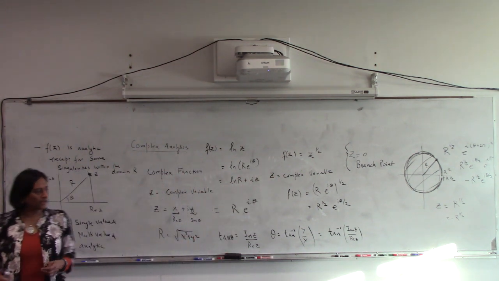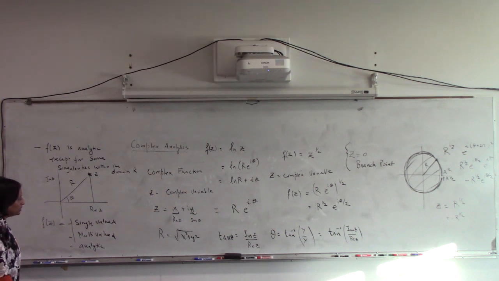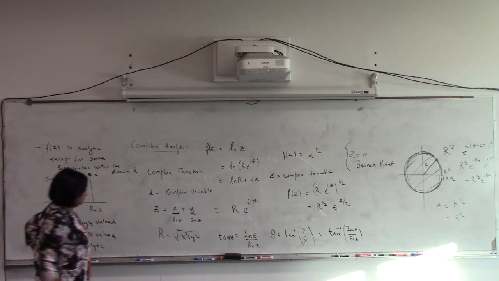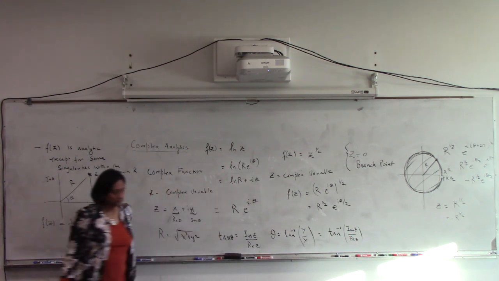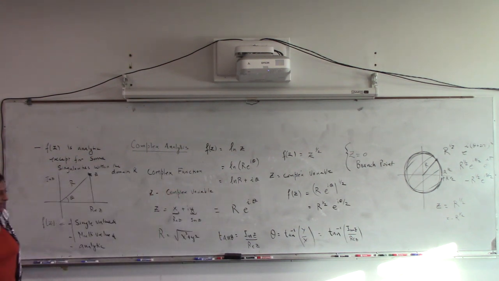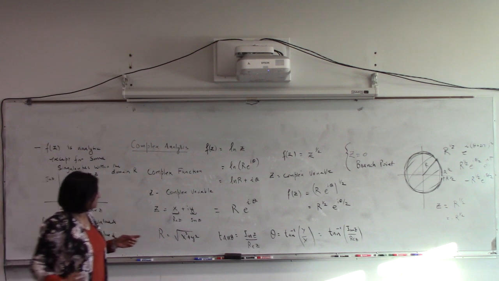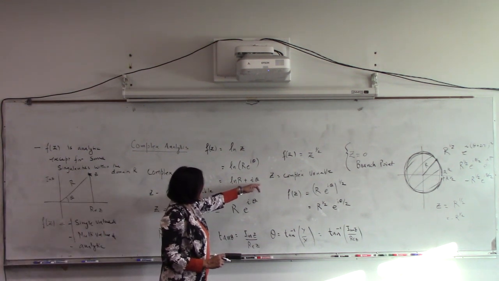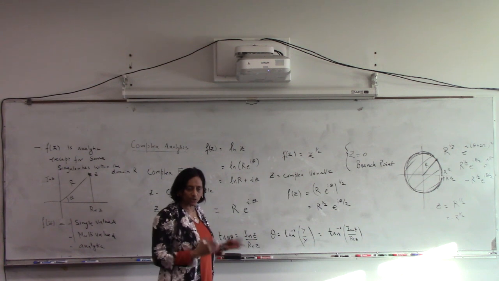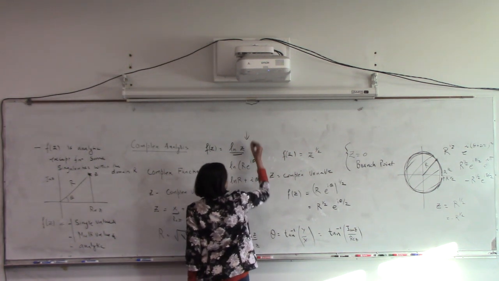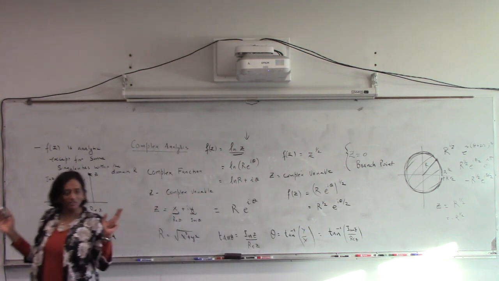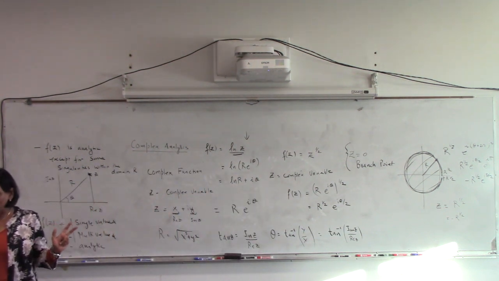What happens when you go around once, twice, thrice? I can never recover this value, because when you go around the second time, it will be i (theta plus 2 pi), and it keeps on going. So natural log of z is an infinitely multi-valued function. You cannot remove the multi-valuedness at all in this function.